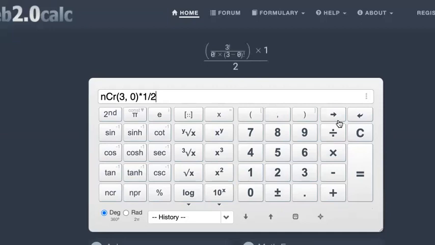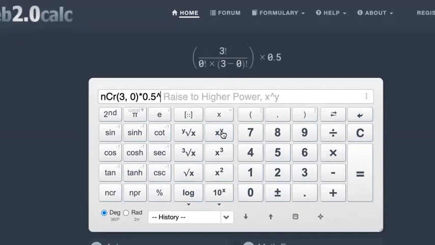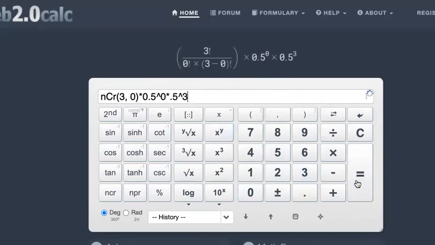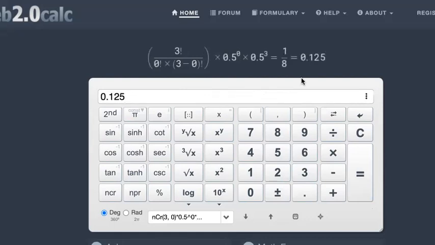So we can make it 0.5, and then we're going to raise this 0.5 to the number x, which is our 0. Then we're going to multiply this term by the probability of failure, which is 0.5, raised to 3 minus 0, which is 3. If you click the equal sign, it will give you 0.125.